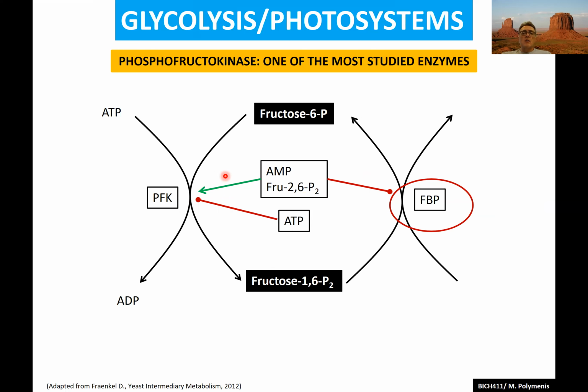As it turns out, we will see that when we do gluconeogenesis, the making of glucose, it involves all these steps, and so this enzyme is regulated allosterically, just like PFK is. However, whatever was an allosteric activator of PFK, such as AMP and fructose 2,6-bisphosphate, is now an allosteric inhibitor of FBPase.